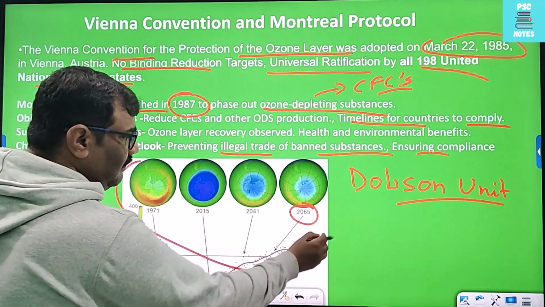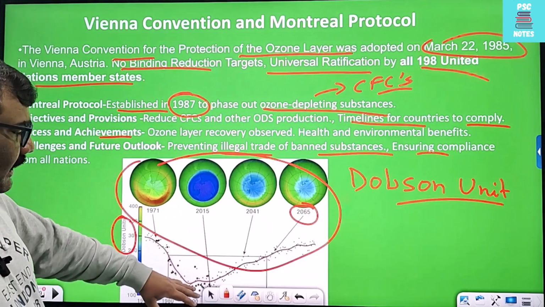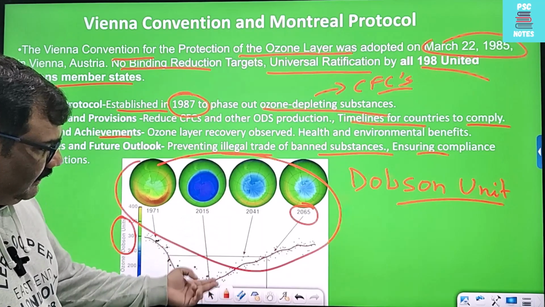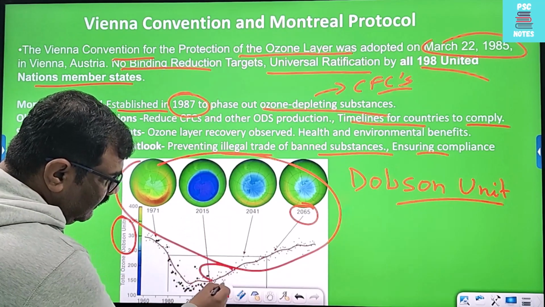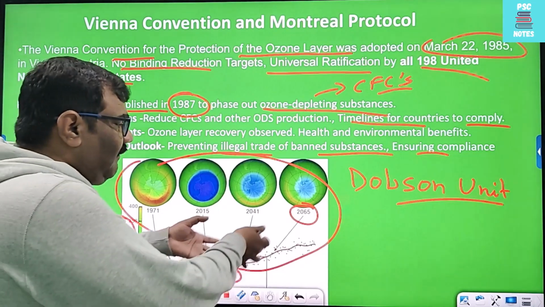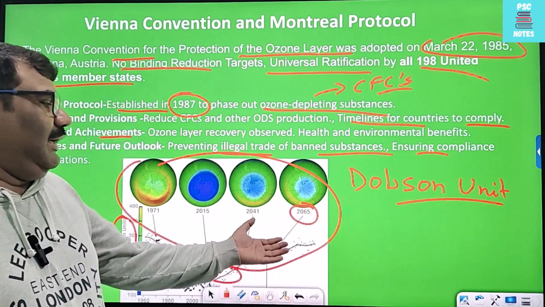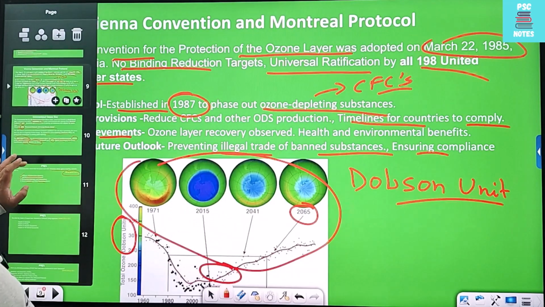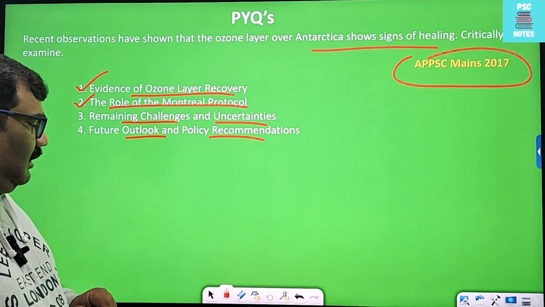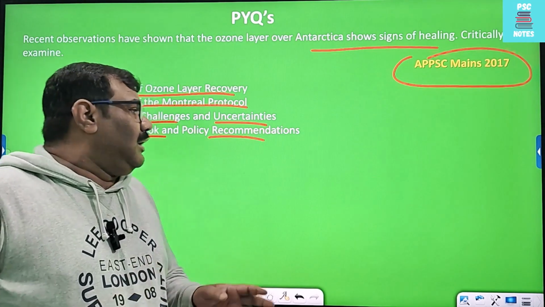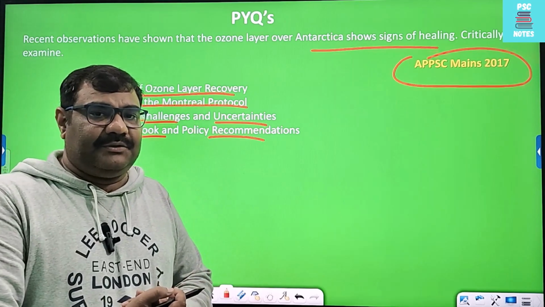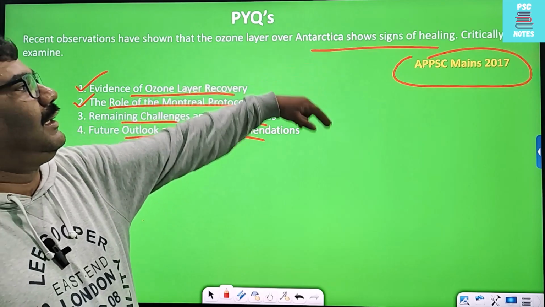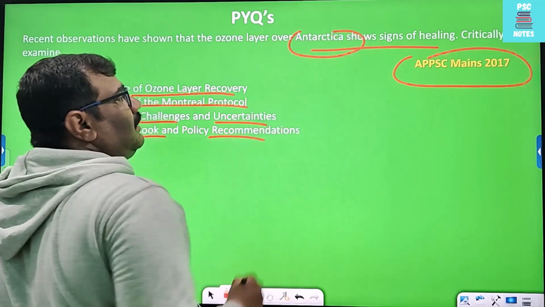This is a diagram where you can see that there is an upward rise here, and further you can give a futuristic approach that with the help of programs and policies, with the help of the Montreal Protocol and further amendments to it, we will be able to cover the ozone hole.